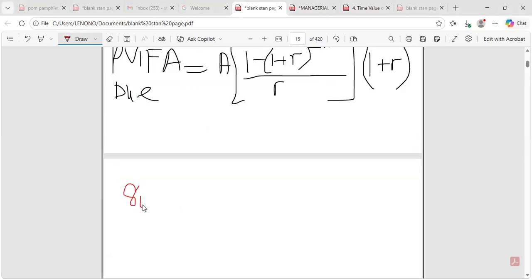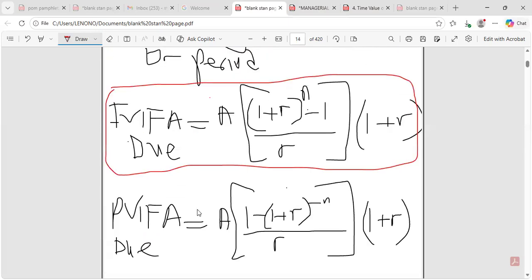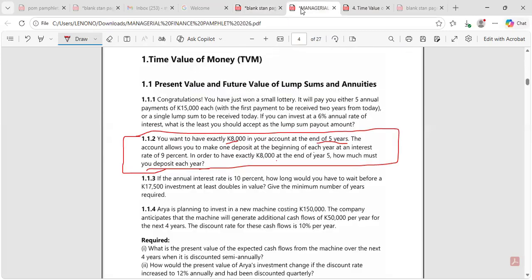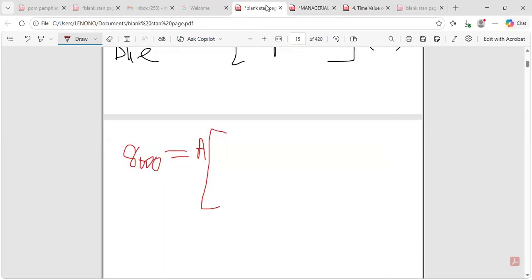So it will be 8,000, which is equal to our amount. We don't know, that's what we are looking for. Then the rate, how much was the rate? The rate is 9%.